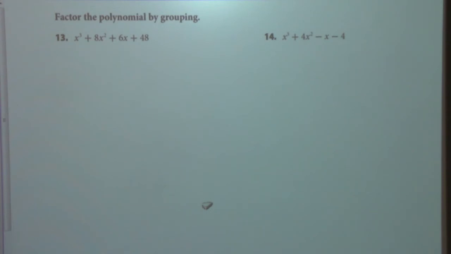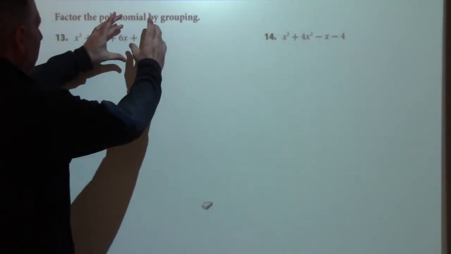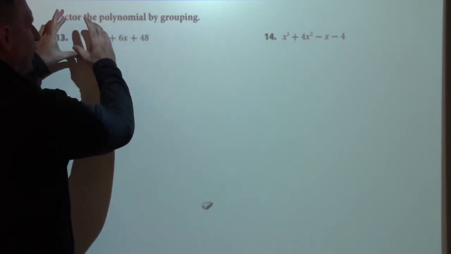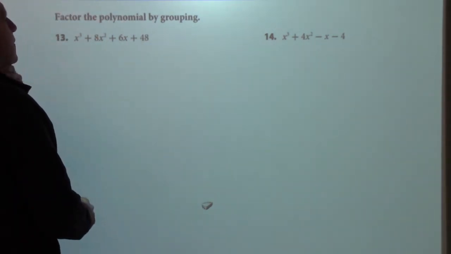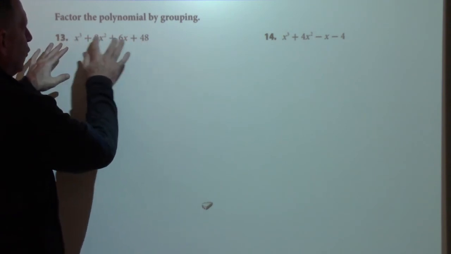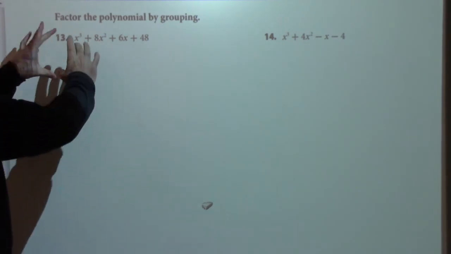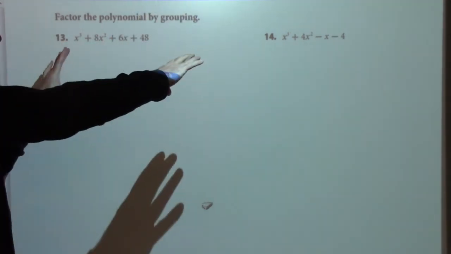Basically what you do for factoring by grouping is you consider the first two terms and the last two terms, and you factor each of those separately. And then if each of these two groups has a common factor, that becomes a factor for the whole thing.